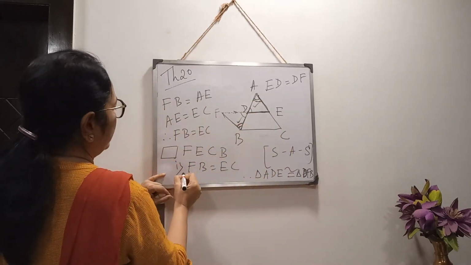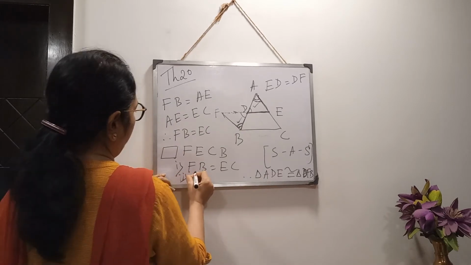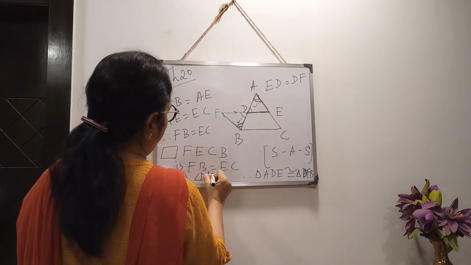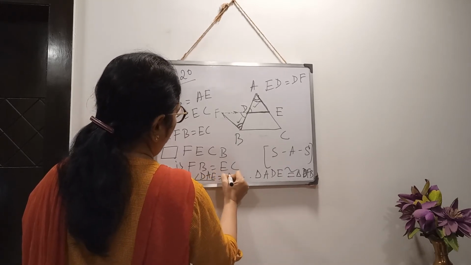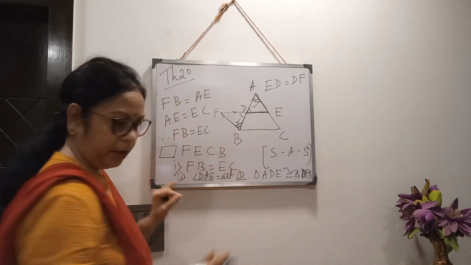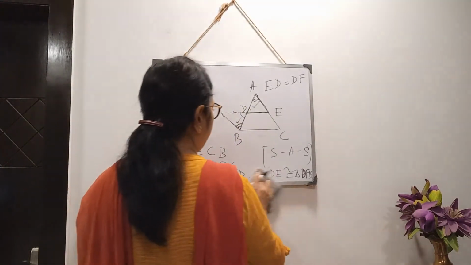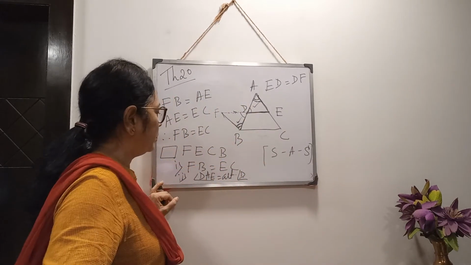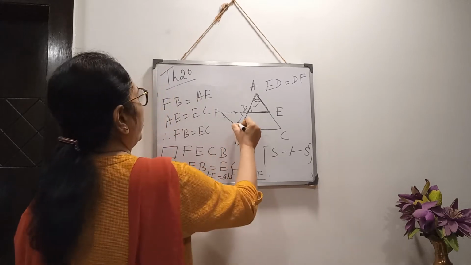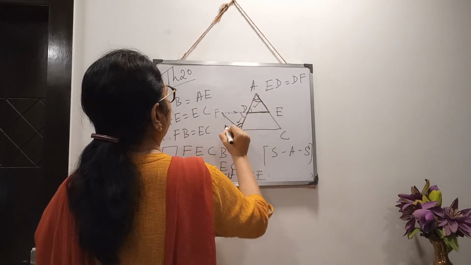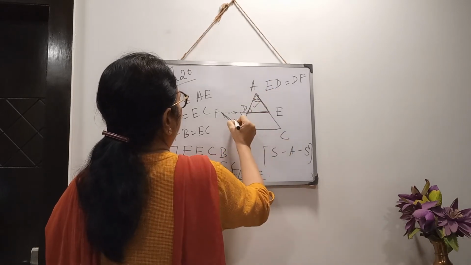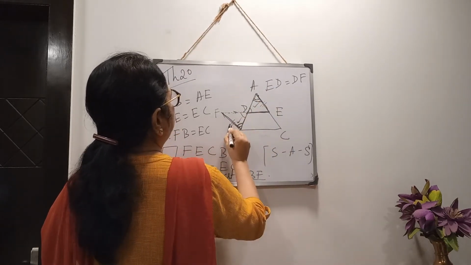Then these two angles are alternate angles and they are also equal. So I can write angle DAE equals alternate angle DBF. When these two alternate angles are equal, we can write this line and this line are parallel.